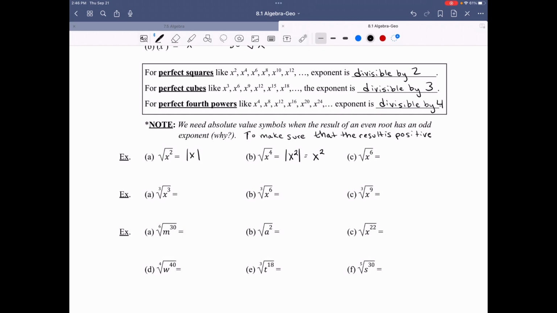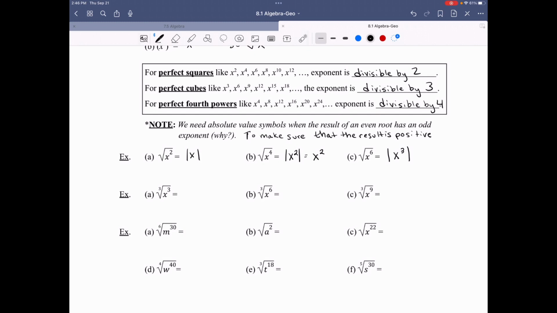And the square root of x to the 6th is the absolute value of x to the 3rd, but if x were negative, it could come out negative, because when we multiply a negative times a negative times a negative, the answer is negative. That's why we need to keep the absolute value bars.